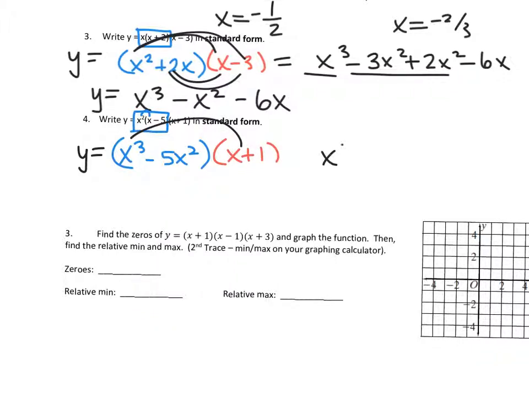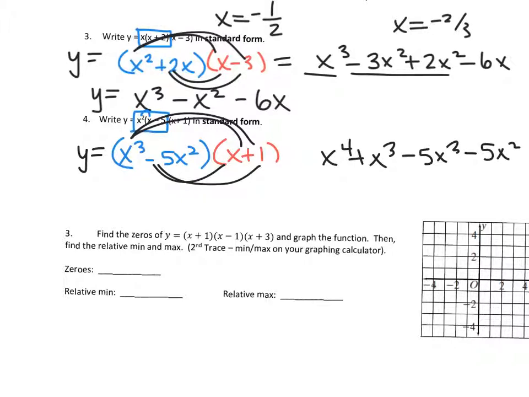It's going to be x to the 4th, because x cubed times x is x to the 4th, plus x cubed, minus 5x cubed, and then minus 5x squared. When I put it all together, it's y equals x to the 4th, x cubed minus 5x cubed is negative 4x cubed, and then minus 5x squared.